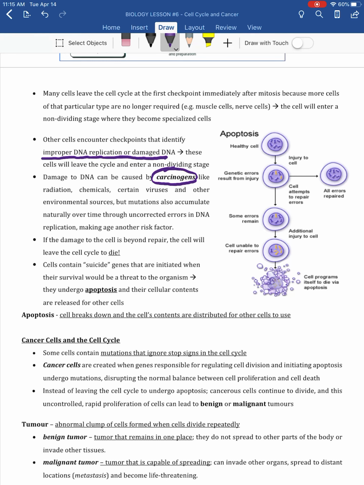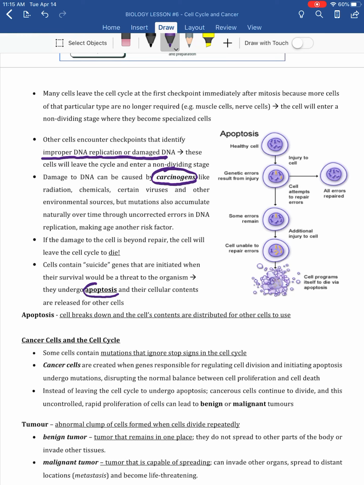All right. So if the damage to the DNA is really bad, then we know that cell won't make it. So the cell, or the body, will cut its losses and kill that cell before it goes out into the world and replicates, because you don't want damaged or incorrect DNA to keep going through the cell cycle and keep replicating a wrong genetic sequence. Okay? So if that damage is unfixable, the cell will commit cell suicide.